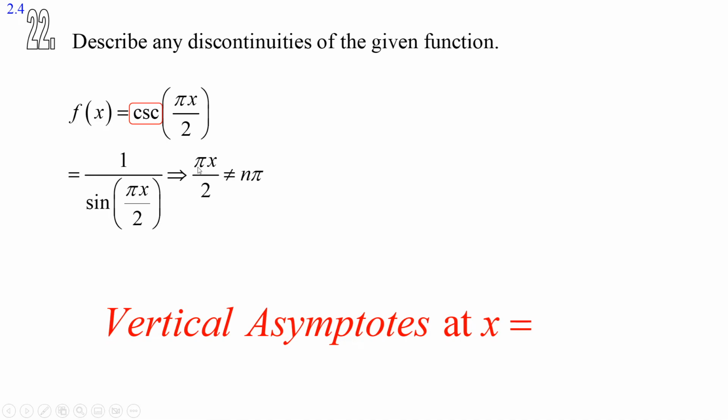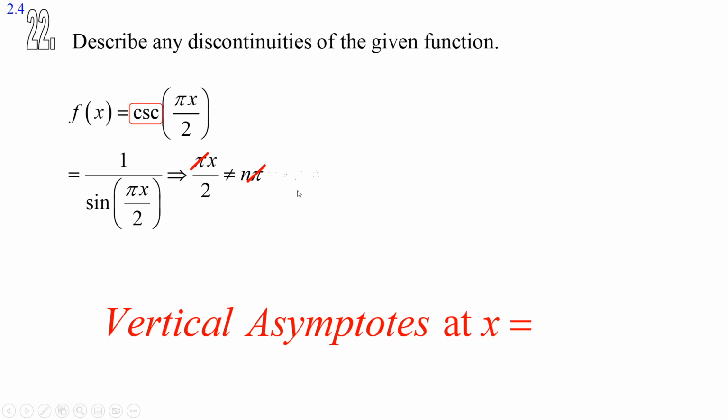Now, can I just take this and cancel my pi's, divide both sides by pi, like that? And then look at what this says. n cannot equal x over 2. Solve for x, that means x cannot equal 2n. All right? So that would be x cannot equal any even integer.